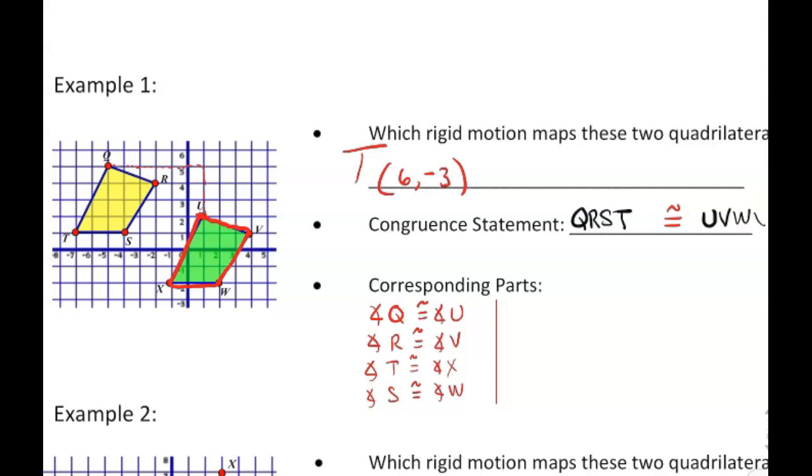And now there's 4 corresponding sets of sides as well. For example, QR and UV. So QR is congruent to UV. And then we have RS and VW. RS is congruent to VW. And don't forget our little bar over the top meaning segment. And we'll talk about when you don't use that another time.